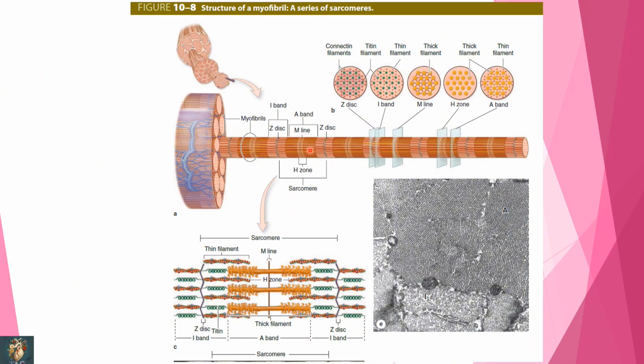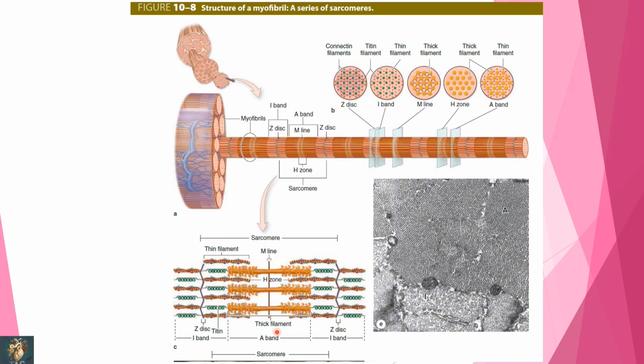In the center of the light area, you can see the Z disc. To these Z discs the actin filaments are attached, and in the center of the myosin, or thick area, you can see a lighter area. This area is called the H zone, and in the H zone a fine line is present which is called the M line.